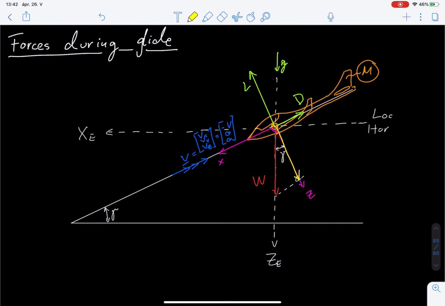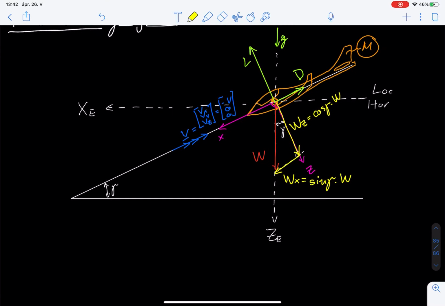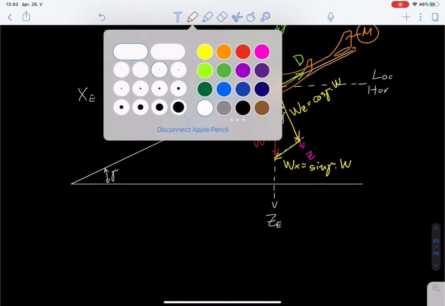So one is the Wz, which is going to be equal to the cosine of gamma times the weight, and we're going to have the component parallel with the longitudinal axis, so like this. It's going to be equal to the sine of gamma times the weight. Okay, so now if we want to gather or collect the forces, now we can do so.